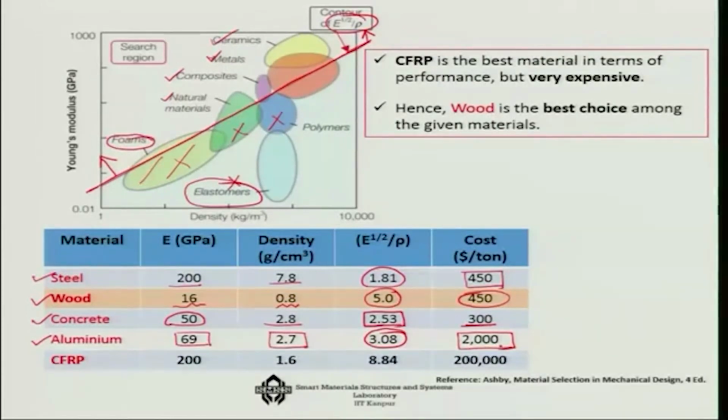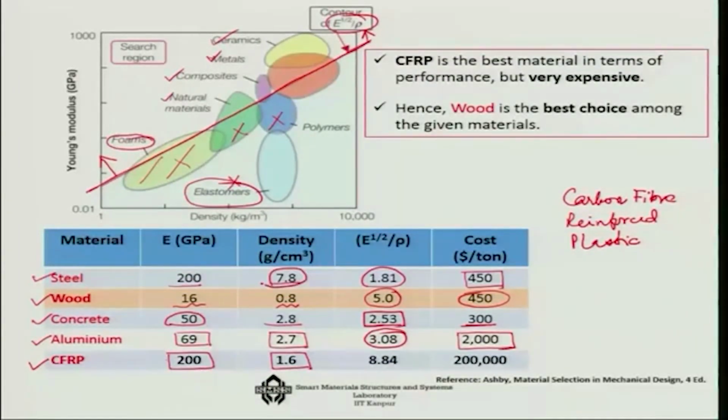Well, if pocket is not a problem, why don't we try CFRP? You know what CFRP is? That is carbon fiber reinforced plastic, which I have talked about. That is one of the very advanced materials available today. It has a modulus of elasticity of about 200 gigapascal, just like steel, but the density is 1.6, much less than the 7.8 density of steel.